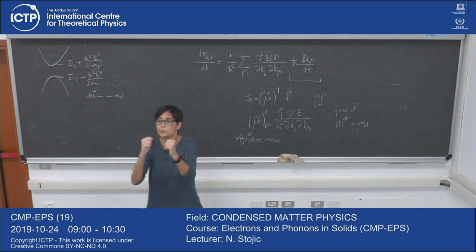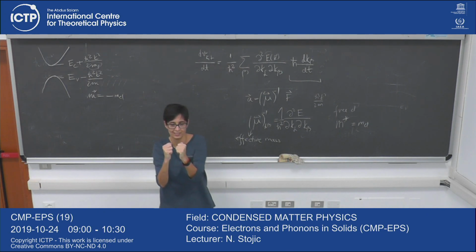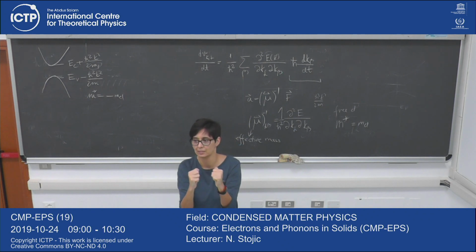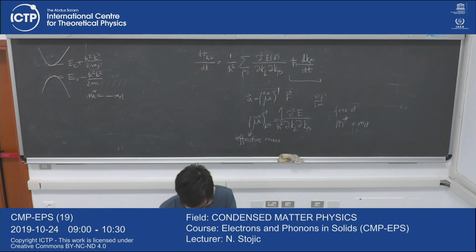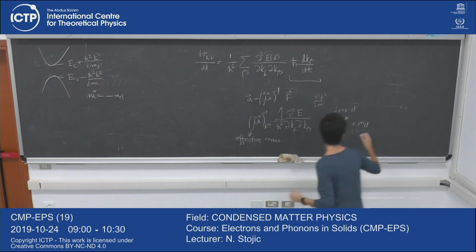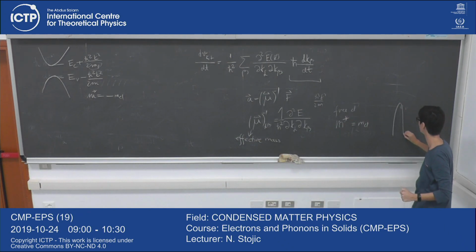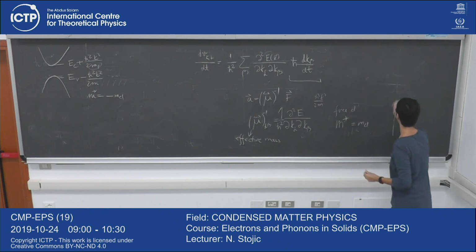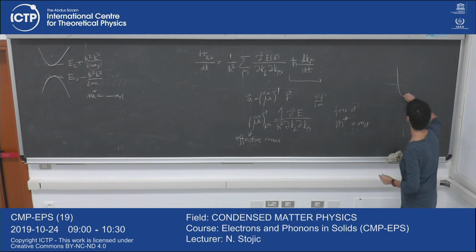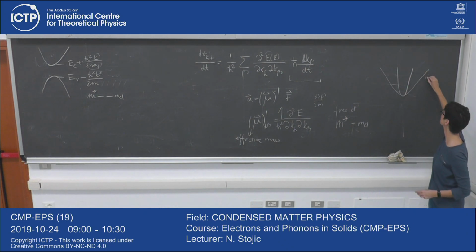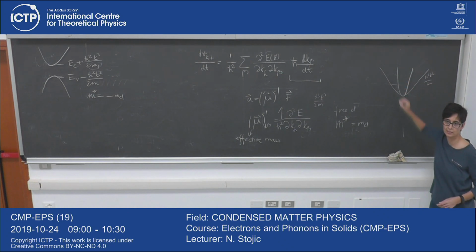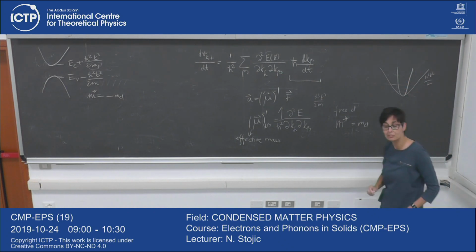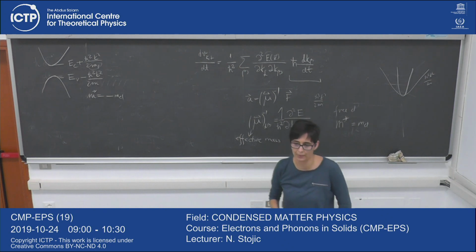If it's steeper than the electron mass, then the mass is, I always have to think of that actually. If it's steeper in comparison to the free electron case, let me draw it in the positive. So this is the free electron case. This is another one. Smaller. It will be smaller than the electron mass.